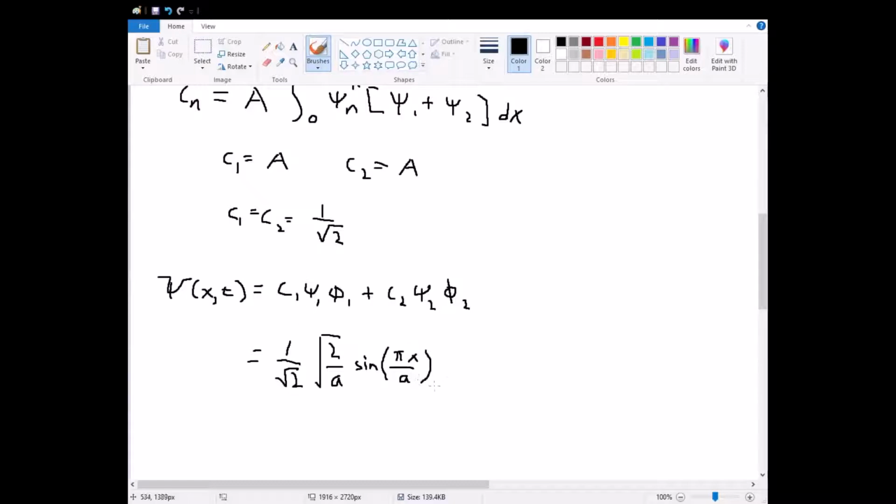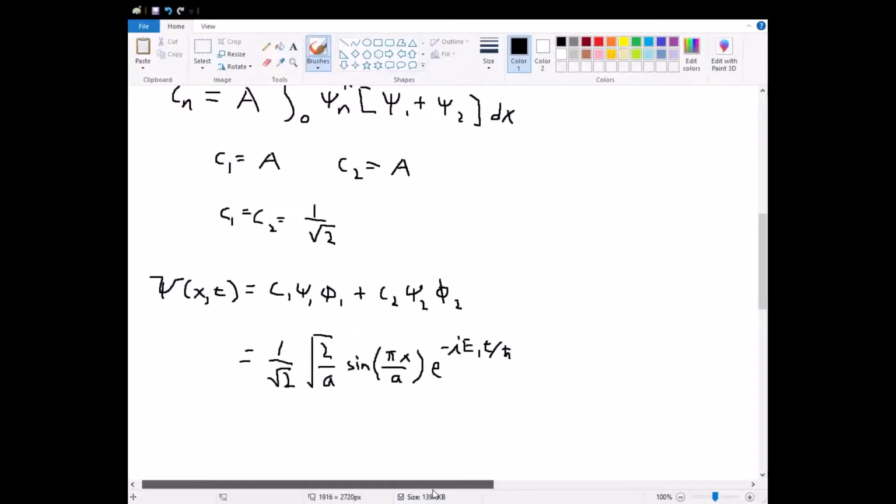Phi 1 is just our exponential wiggle factor that we described way earlier. It is just equal to the exponential e to the power of negative i times E1 times t all over h bar.